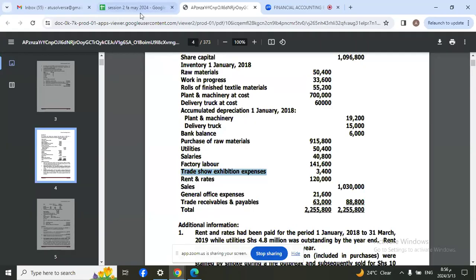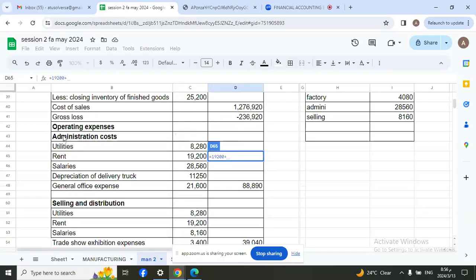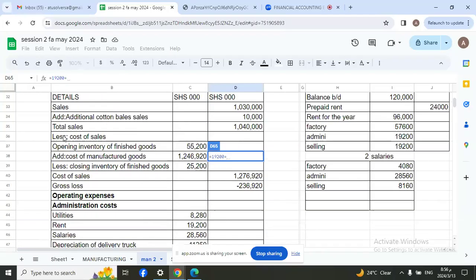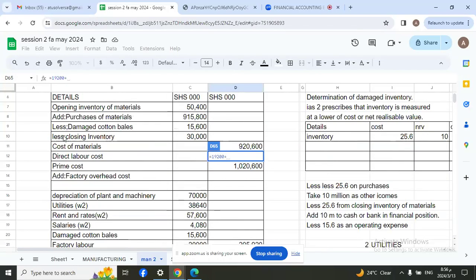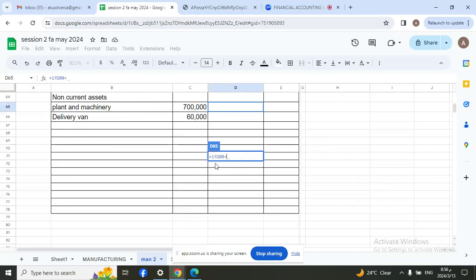So we come here under workings, we say equals to 19,200 plus how much was our depreciation for the year? It is 70,000. So we say plus 70,000, giving us 89,200.